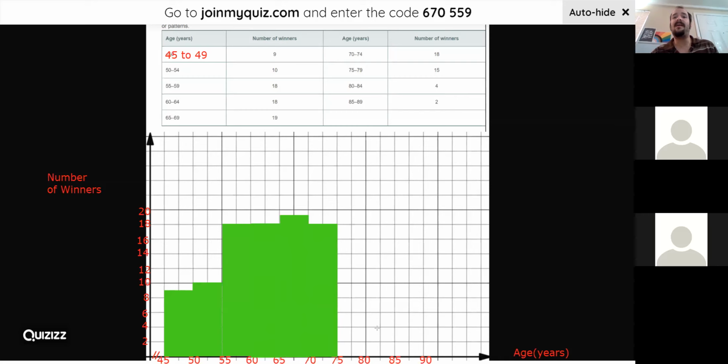And we go 15 is the next number I'm looking at. 75 to 80, 75 to 79. 15 would be between 14 and 16, somewhere in there. And 80 to 84 is 4. And now we are going where? 85 to 89 is 2.